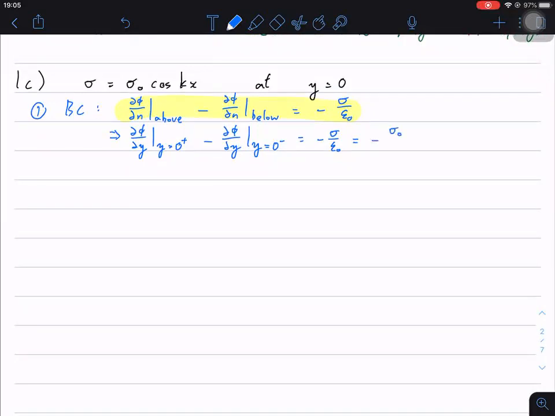And in our case, sigma equals sigma naught cosine kx over epsilon naught.